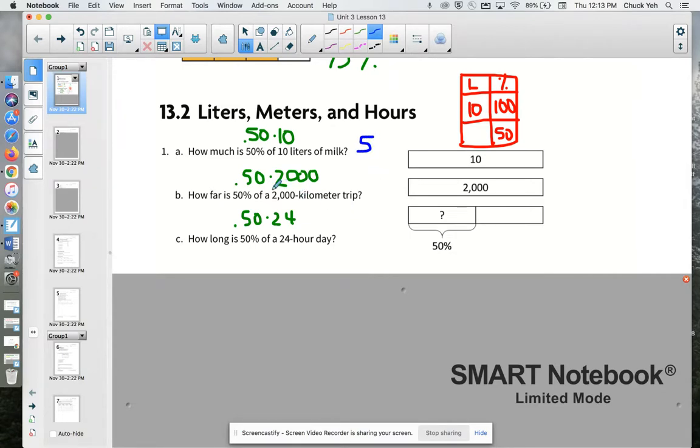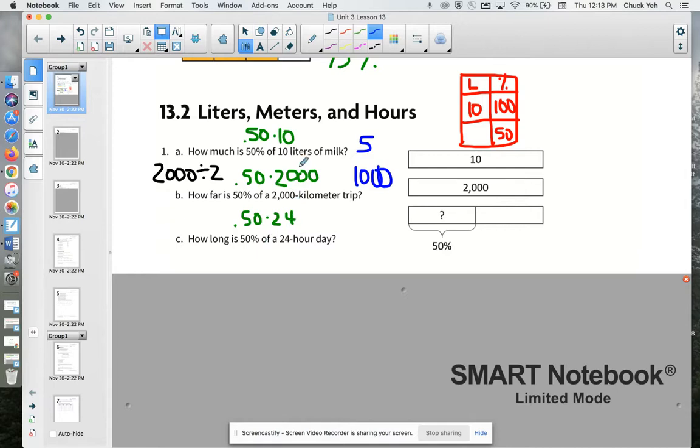And then this one, you can also divide 2,000 by 2 if you want. You can also do that because that's half. And that is 1,000, right? That's 1,000.